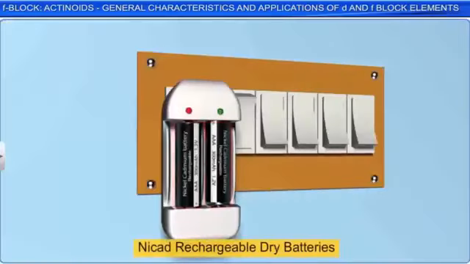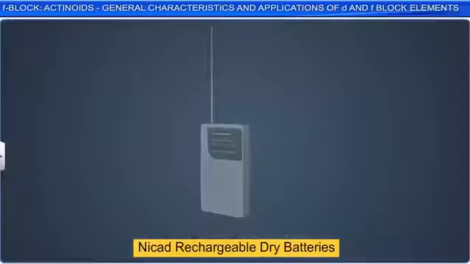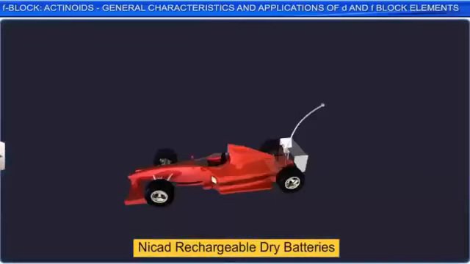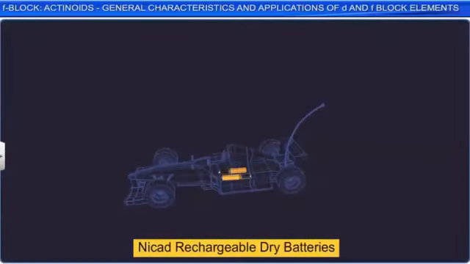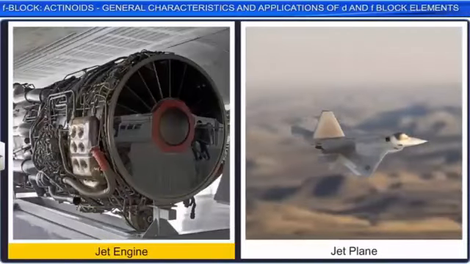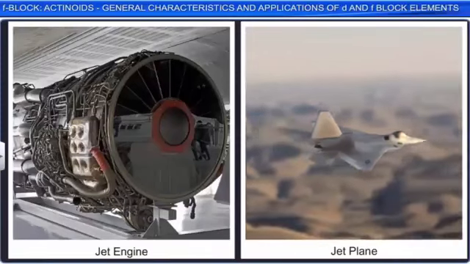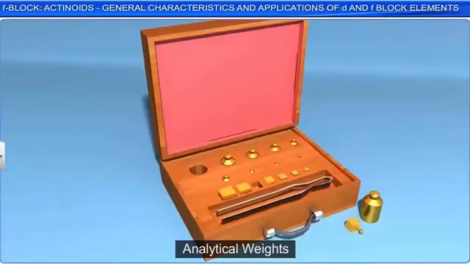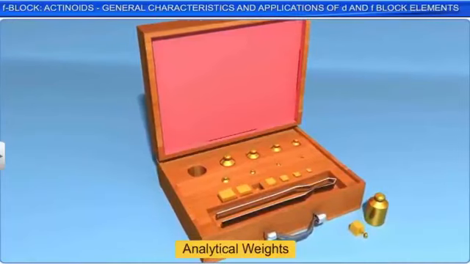Tantalum is used to make analytical weights. Copper-coated steel is used to make copper coins in the UK. The copper-nickel alloy is used to make silver coins in the UK. Silver bromide is used in photography.